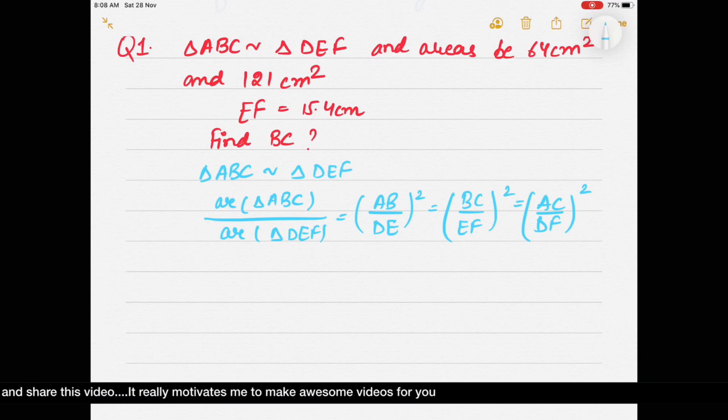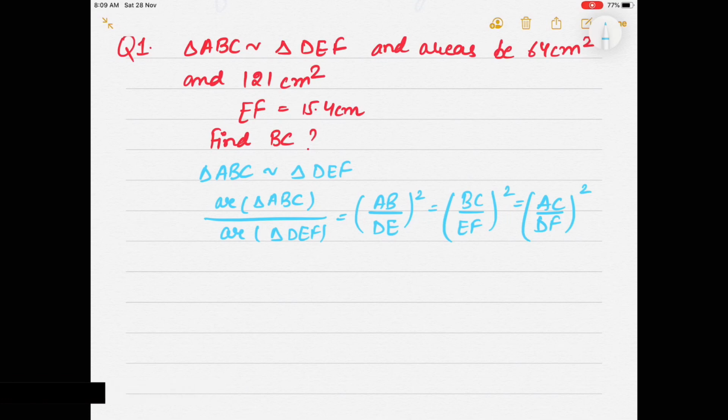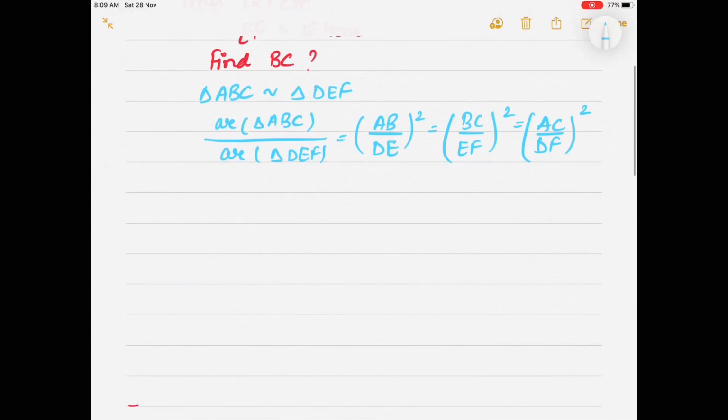This is the formula to find the ratio of the sides and the ratio of the areas of two similar triangles. If you don't know how to understand this formula, you can check out my last video, and the link will be in the description box.